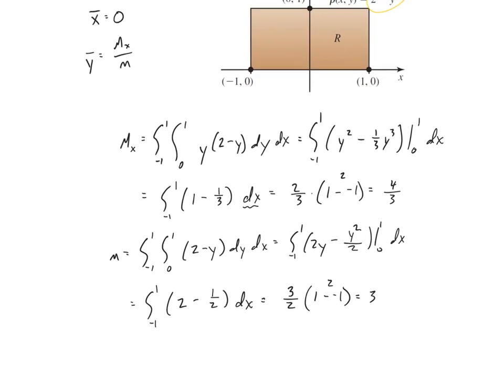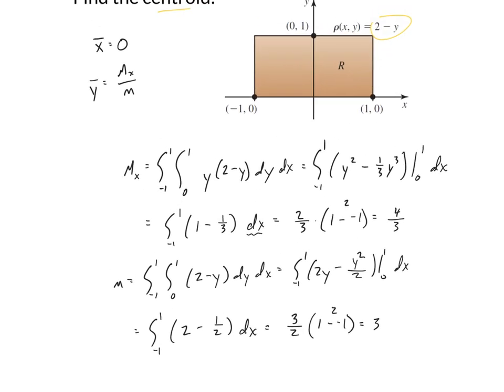There's our two integrals that are going to give us our y bar, the y coordinate of the centroid. So we take our first answer, 4/3, divide it by our second answer, which is 3, and then you get 4/9.